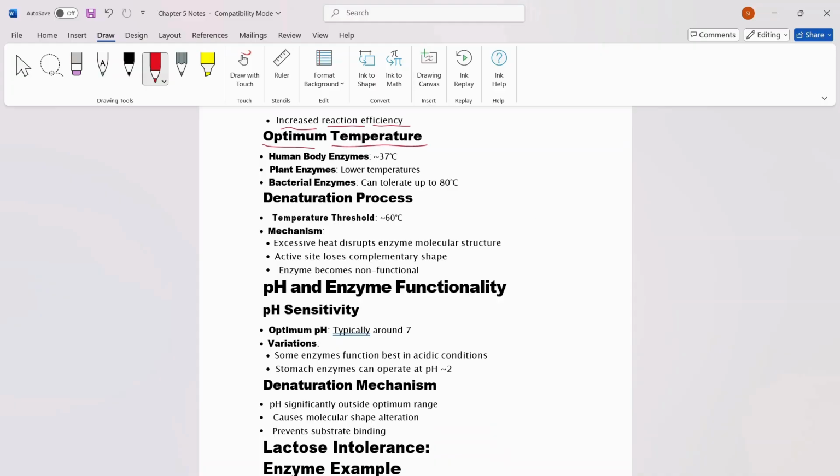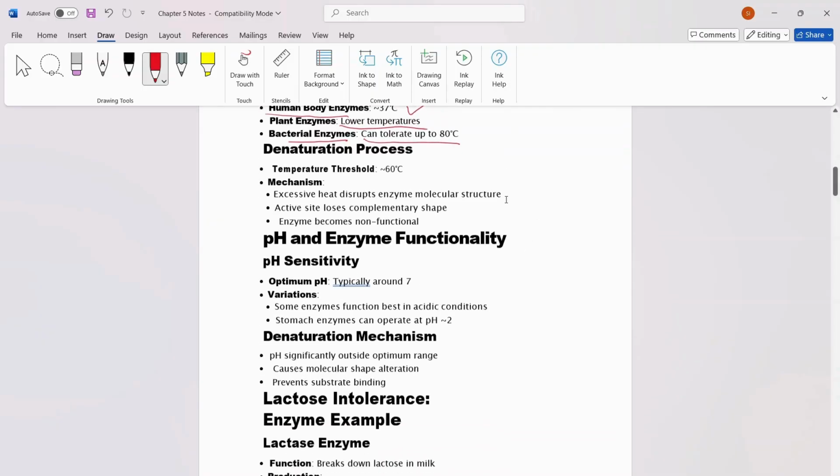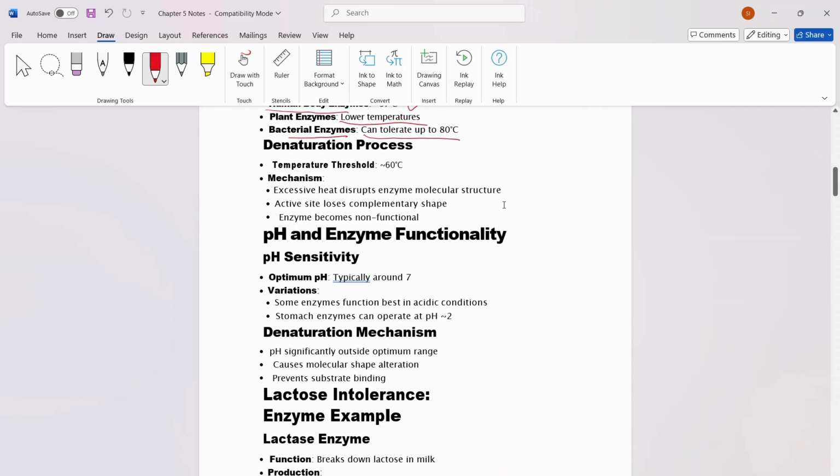Optimum temperature. Human body enzymes work best at 37 degrees centigrade. Plant enzymes prefer lower temperatures. Bacterial enzymes can tolerate up to 80 degrees centigrade. Denaturation process: the temperature threshold is 60 degrees centigrade.